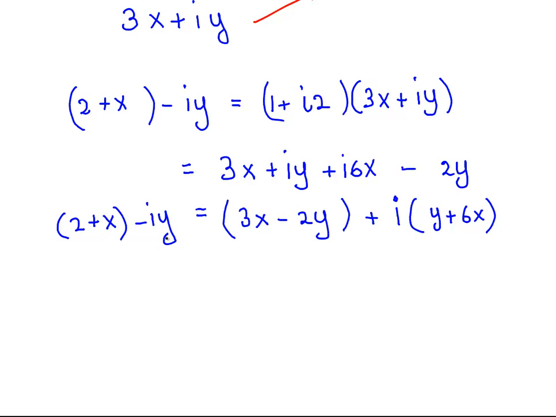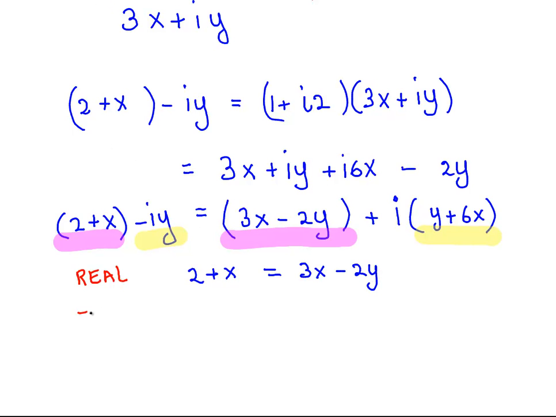Well, okay, so what we're going to do is match the reals. So the reals are here: we have x plus 2 plus x, and that is equal to 3x minus 2y. And we have the imaginary parts here, minus iy and y plus 6x. So reals, let's look at them: 2 plus x equal to 3x minus 2y.